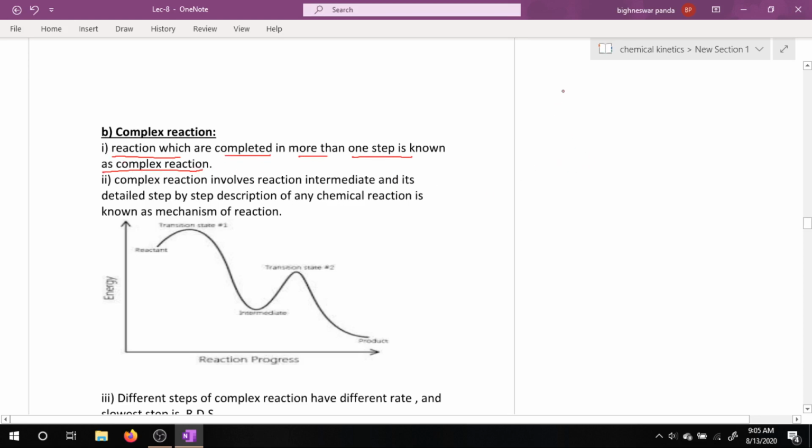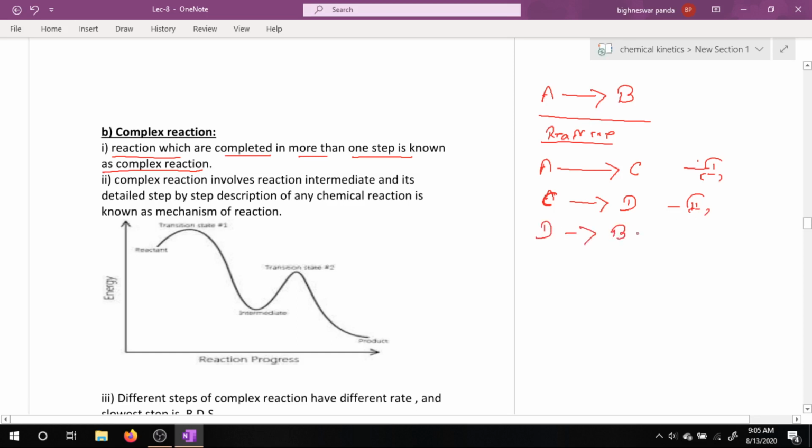Let us consider a reaction A gives rise to B. If we observe the reaction mechanism right here, first A gives rise to C, that is step 1, then C gives rise to D, that is step 2, then D gives rise to B, step 3. So A reacts to give C, C reacts to give D, and D gives rise to B.